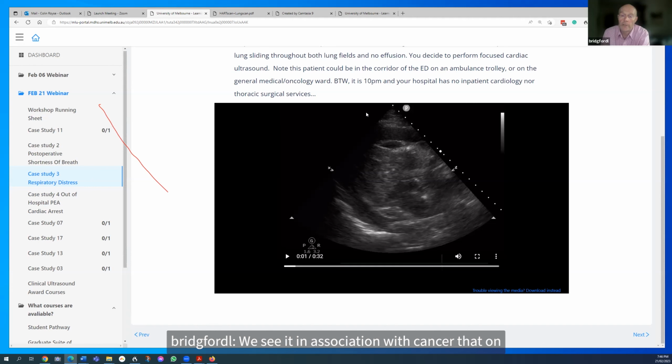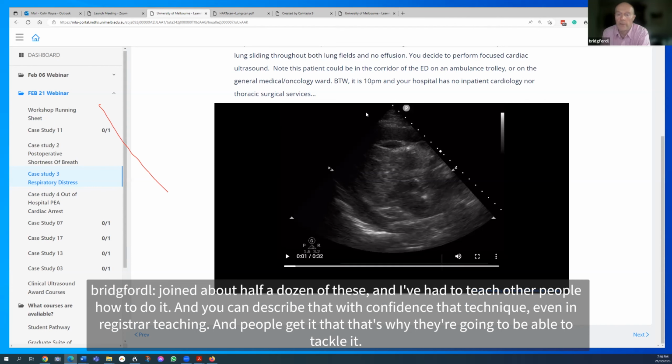We see it mainly in association with cancer. But I've drained about half a dozen of these, and I've had to teach other people how to do it. And you can describe that technique with confidence, even in registrar teaching, and people get it, that that's the way they're going to be able to tackle it.